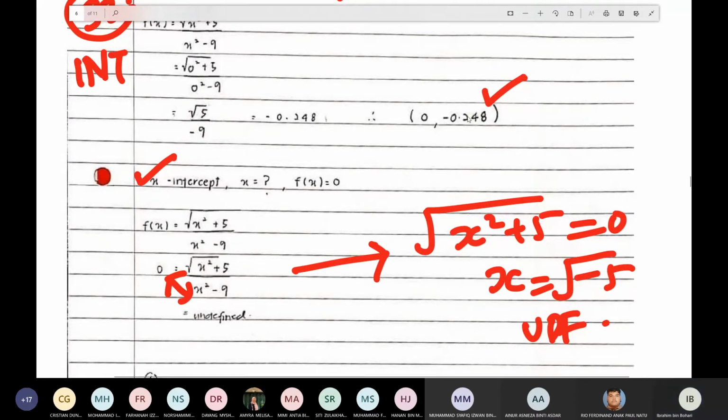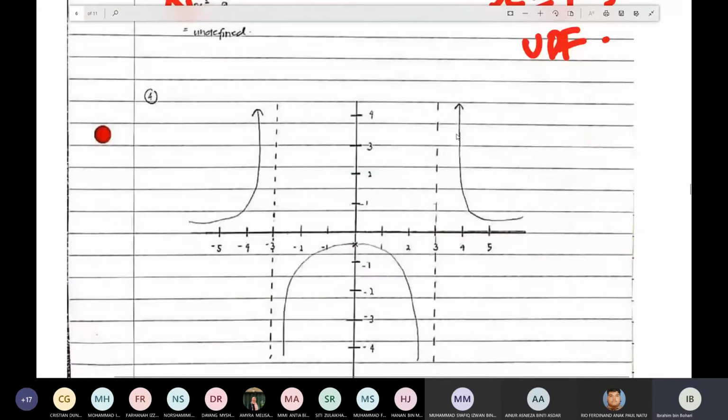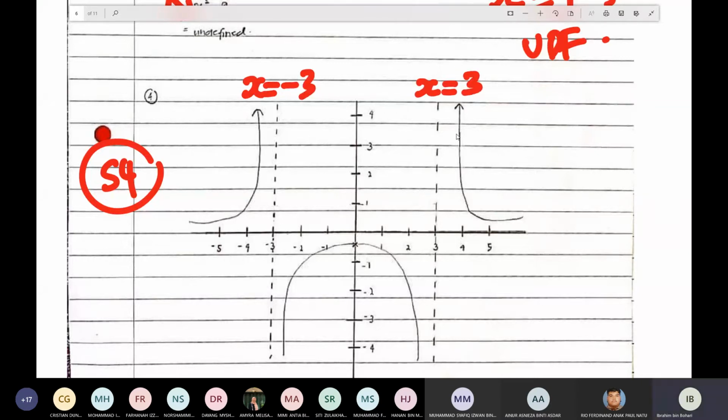And step 4, you sketch the graph of the rational function. Okay, check the answer. Here you label the vertical asymptote, x equals plus minus 3. And then the x-intercept here is undefined.